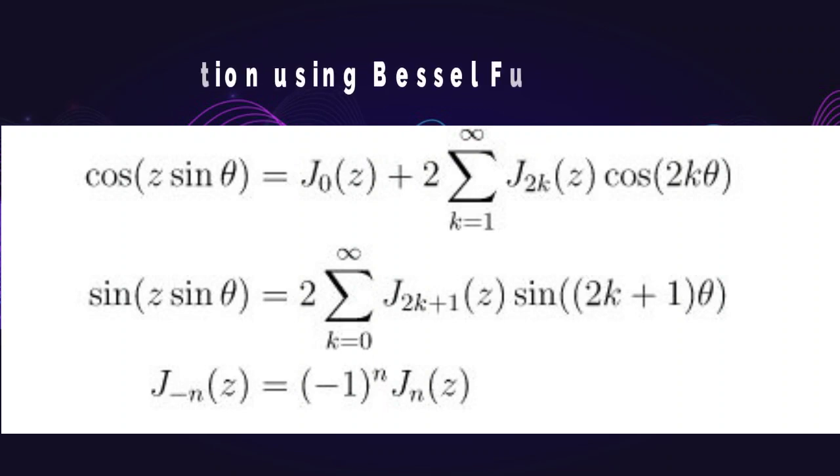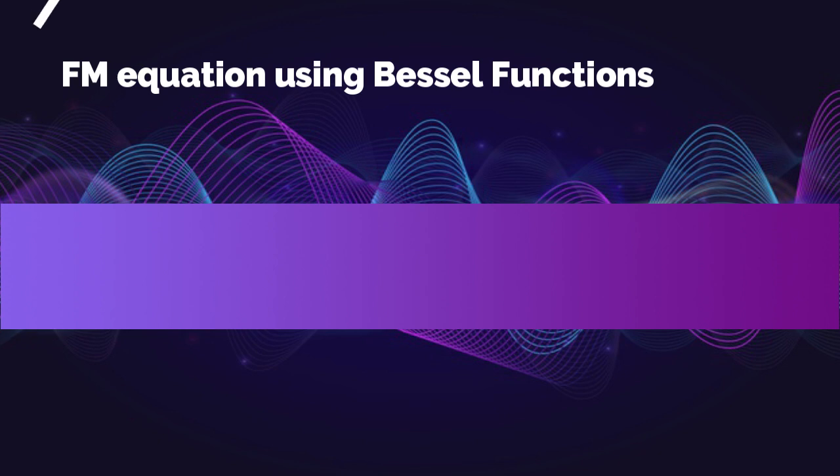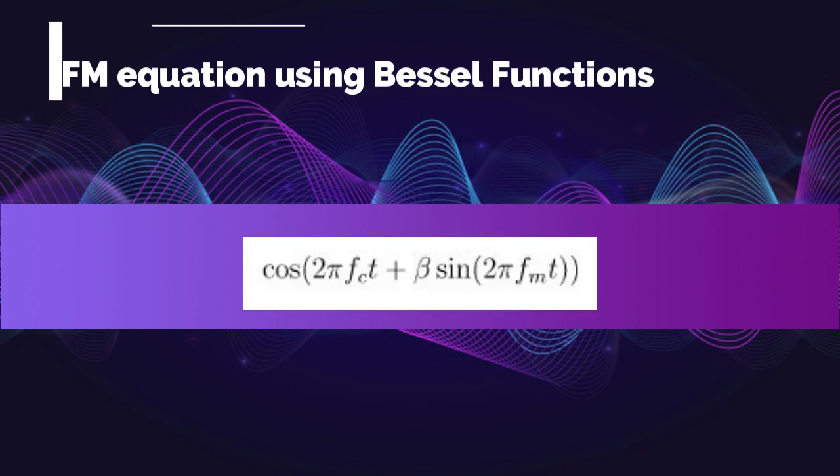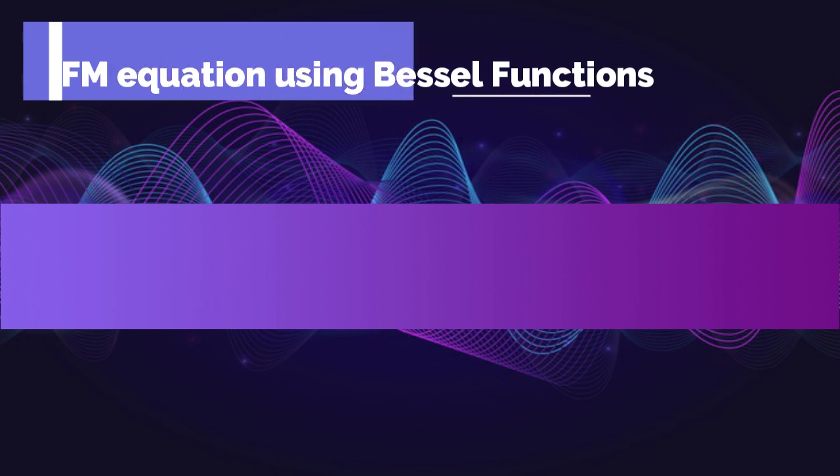The frequency modulation equation will be using a Bessel function. The Bessel function identities above can be found in Abramowitz and Stegun. And now the proof: we start with this equation, and apply the sum identity for the cosines to get this equation.